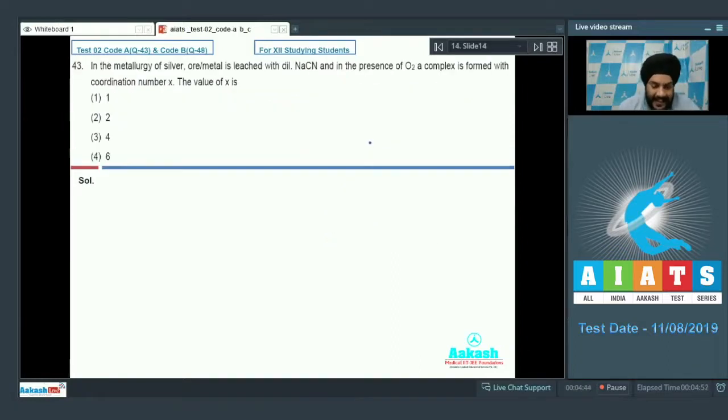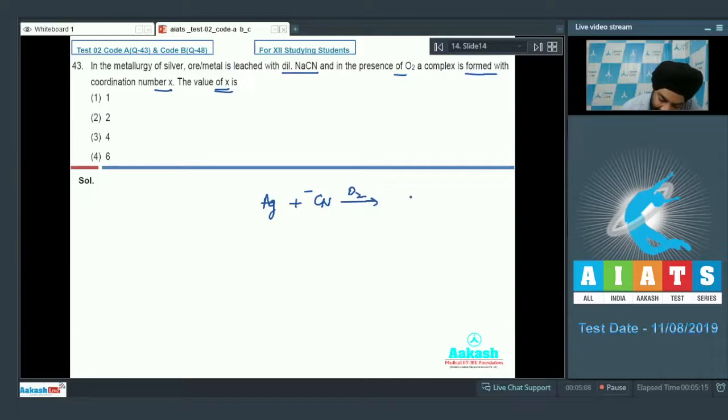Question 43. In the metallurgy of silver, the ore or the metal is leached with dilute NaCN, and in the presence of O2 a complex is formed with coordination number X. We have to comment on the value of X. Students, during the metallurgy of silver, we have Ag reacting with cyanide ions in presence of O2.